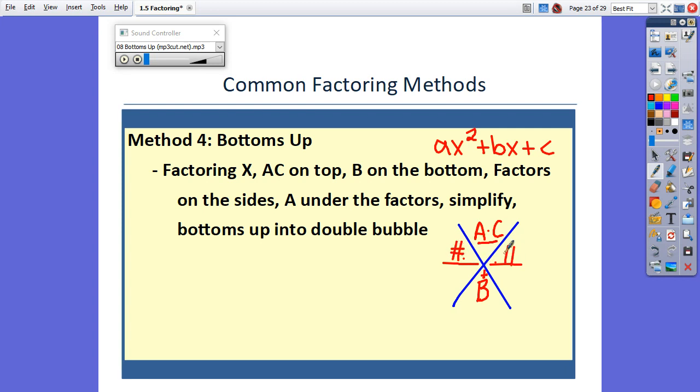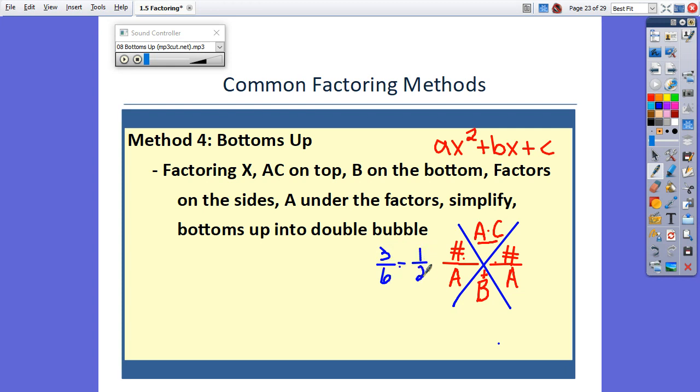And then whatever our A is, this is where bottoms up comes in, we put A underneath those 2 numbers, and I'll show you how to do that. Once we do that, we can simplify. It's almost like fractions here. So we can simplify the fraction there and simplify the fraction there. If there's a denominator left, so in other words, if I have something like 3 over 6, and I simplify that, I get 1 over 2.